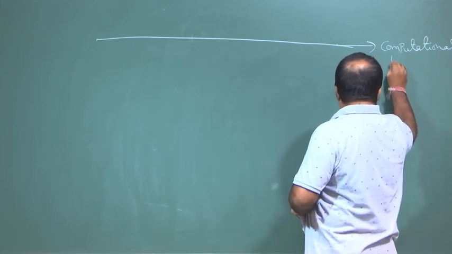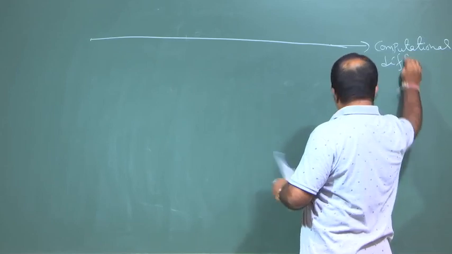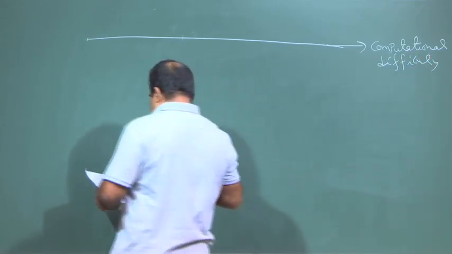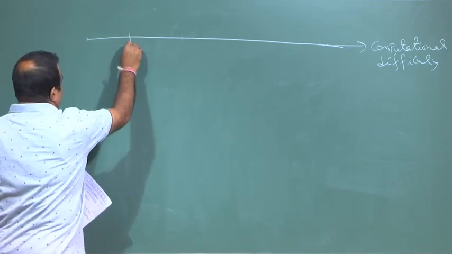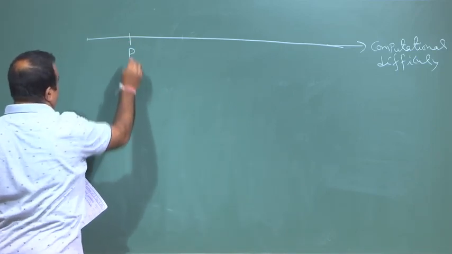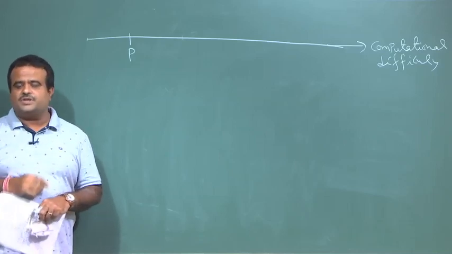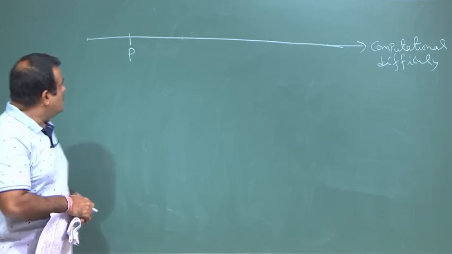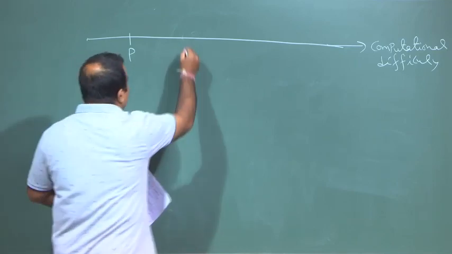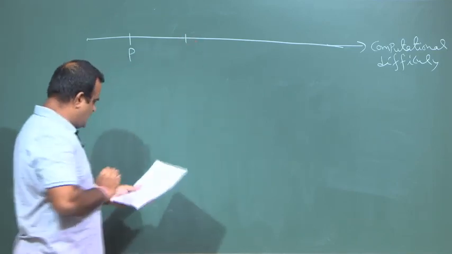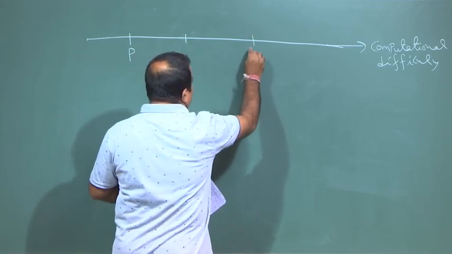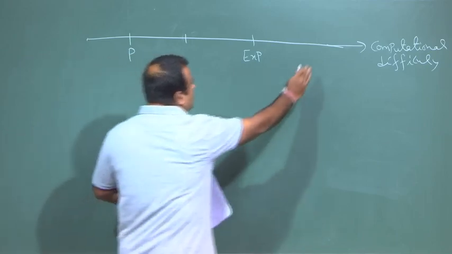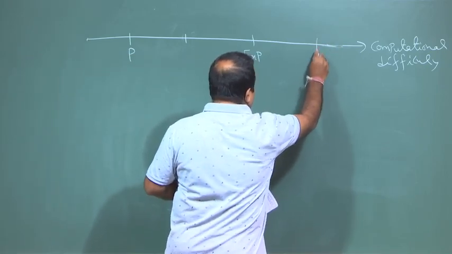Up to here is P, that means these are easy problems which can be solved by polynomial time algorithms. Then we have another one which we will explain, and we have EXP, exponential time, and then we have here what is called R.